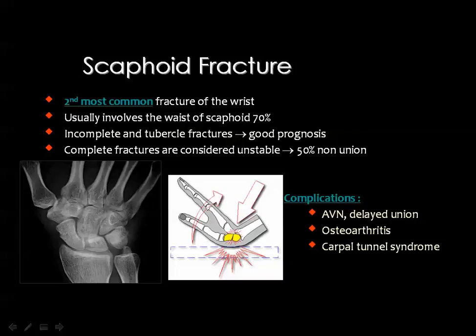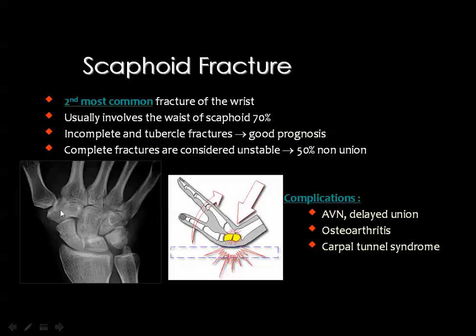Fractures of the scaphoid are considered the second most common fracture of the wrist after Colles' fracture. And the common injury is the fall on the outstretched hand, and this will result in fracture most commonly at the waist of the scaphoid bone.